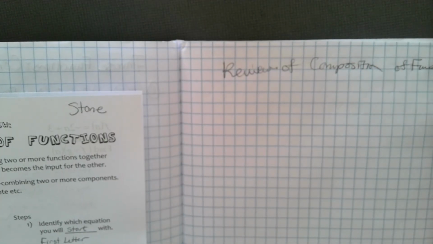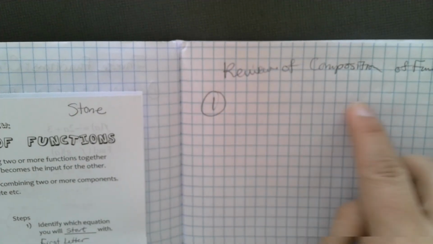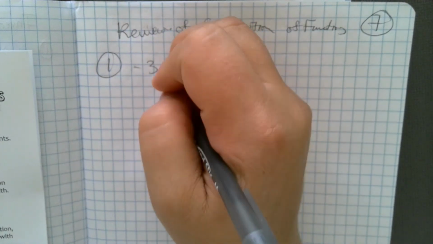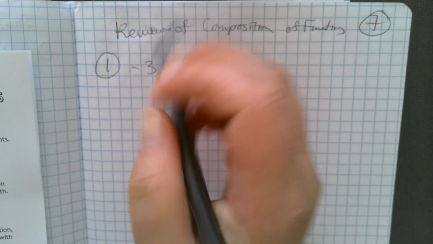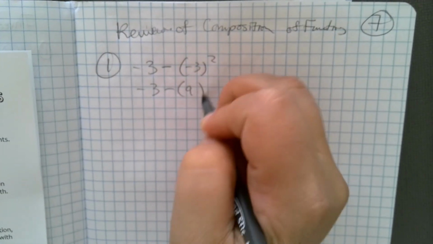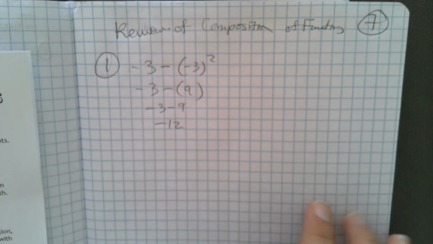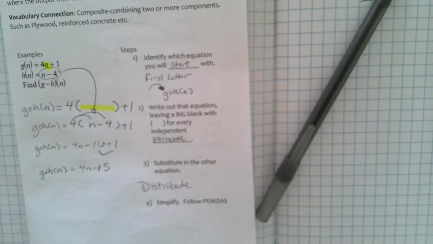It's going to be page 7. I want to see the questions written out with all the work. So it could be like negative 3 minus negative 3 squared. I want to see the original question. I want to see all the steps. Okay, I'm going to push stop on the video and I'll go back for y'all.